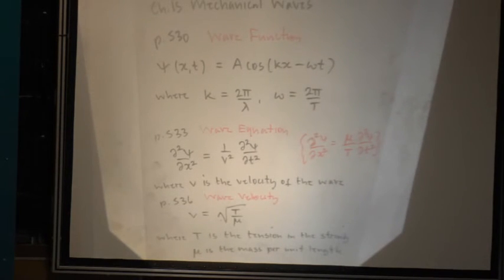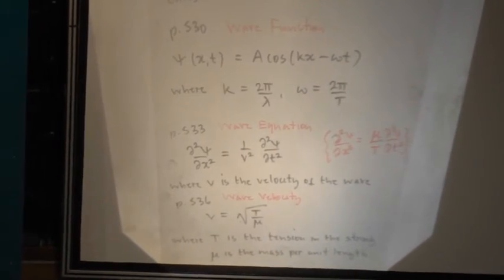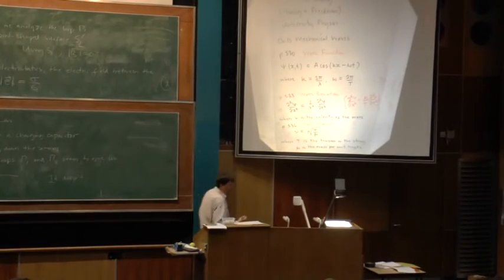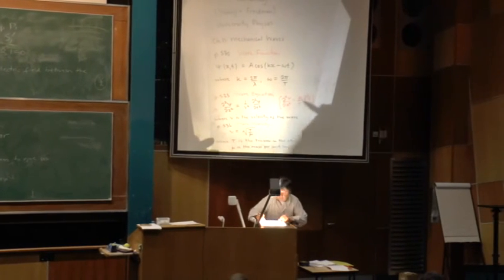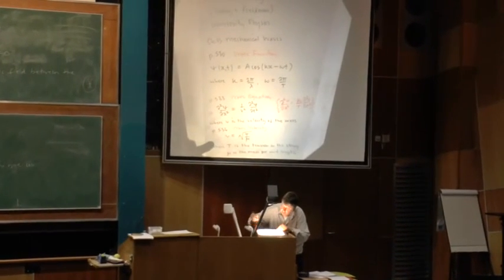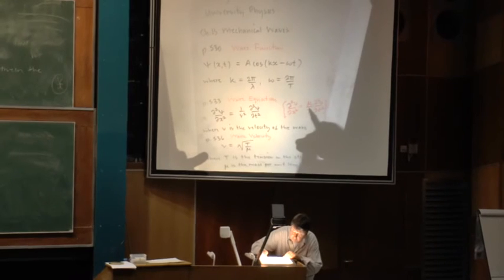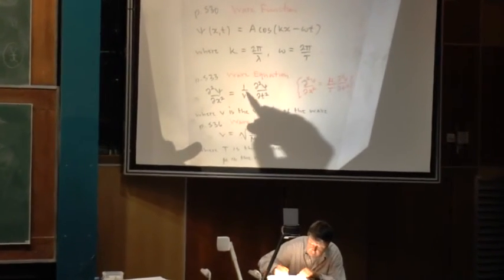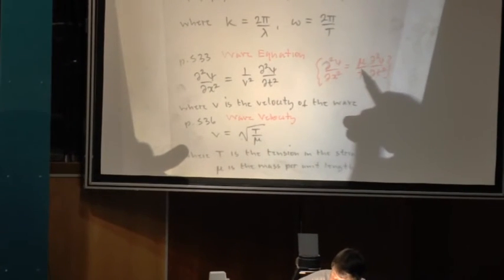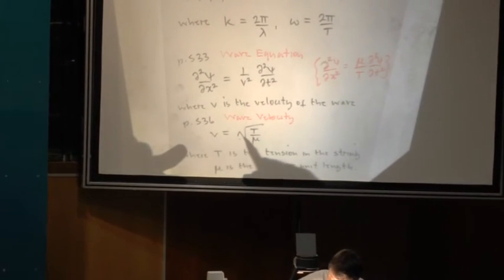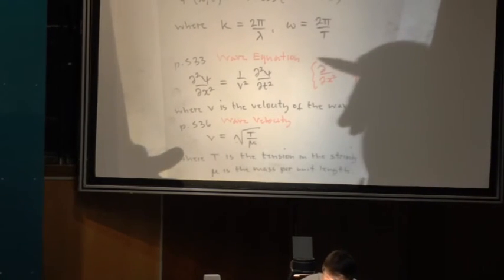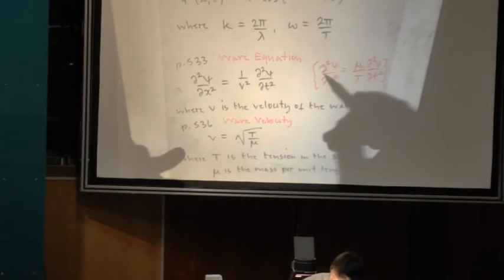If I give something a flick and send a mechanical wave down it, of course it obeys Newton's laws of motion. Then, having got this equation from a physics argument, I say, but wait a minute, that's a wave equation, and therefore 1 over v squared is mu over T. In other words, v squared is equal to T over mu, and v is equal to the square root of T over mu.